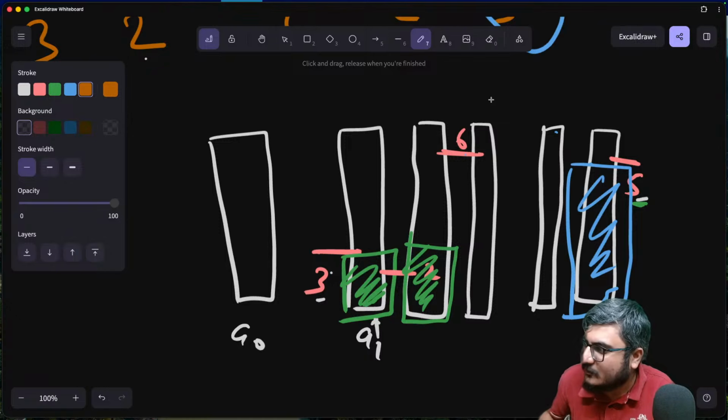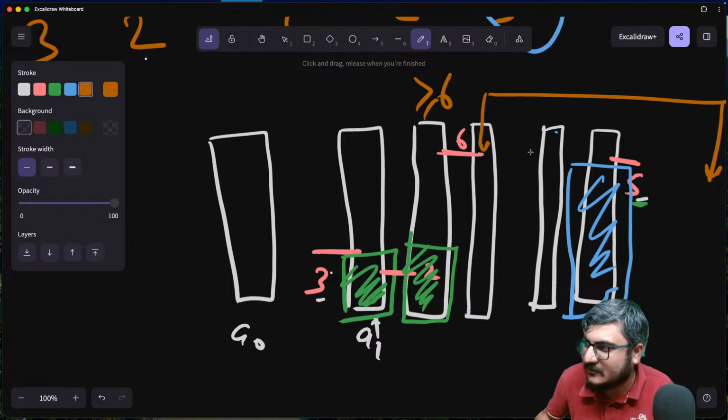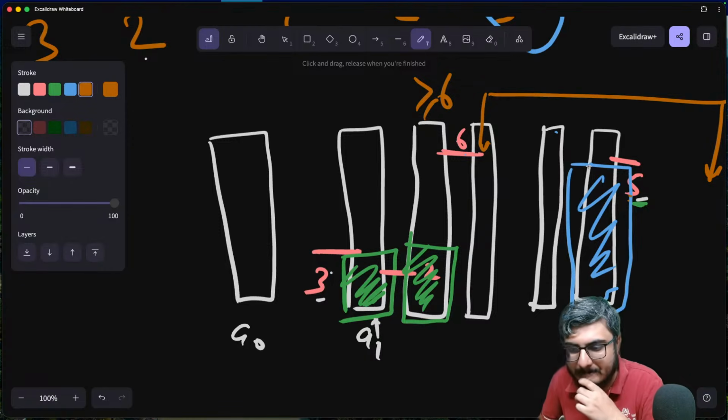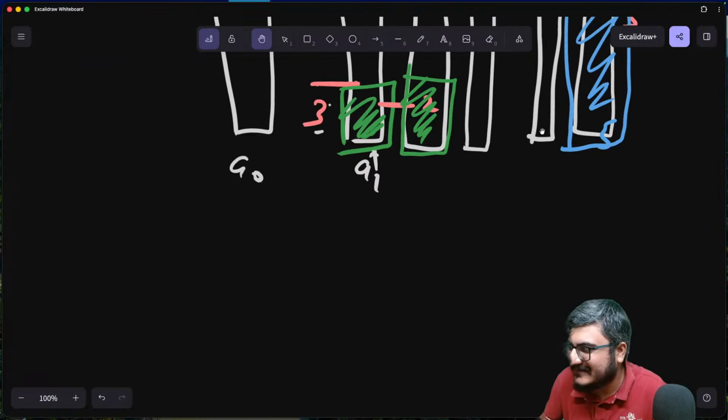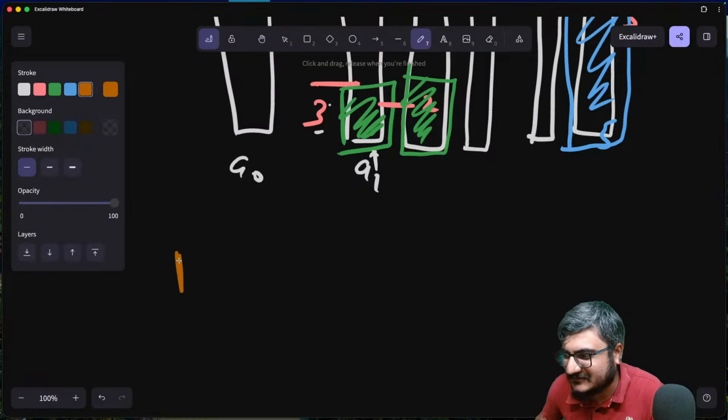So once I encounter 6, for all of these wells on this side, the maximum from left side would at least be greater than or equal to 6. But we know that for this well, the minimum right side is 5. So I fill 5 here and I move a bit further. If I have to put a word for it, minimum using 2 pointers.